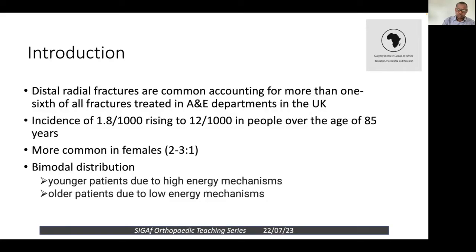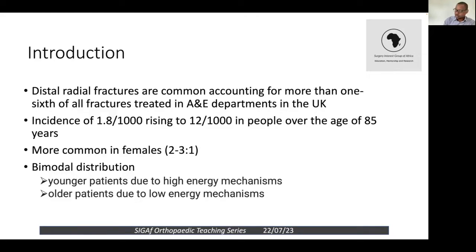So as an introductory note, we know that in the UK more than one sixth of the fractures that we see are distal radius fractures. So they are quite common, and the incidence has been increasing from 2 people in about 1,000, rising to about 12 people in 1,000 in those who are over the age of 85.